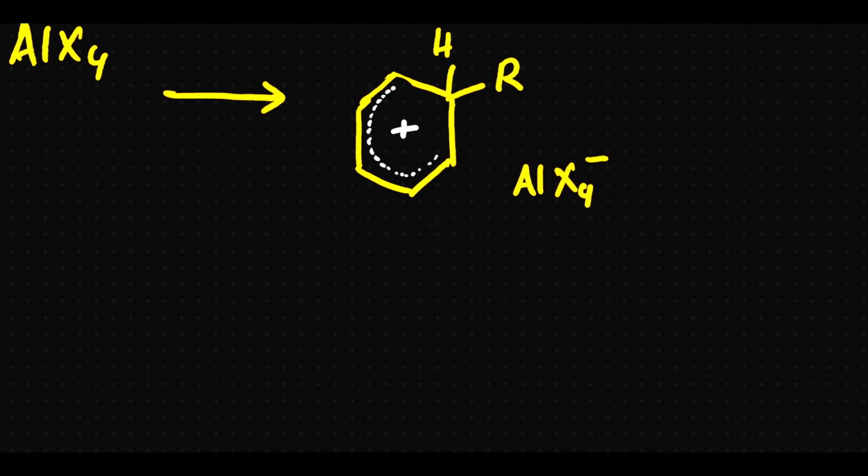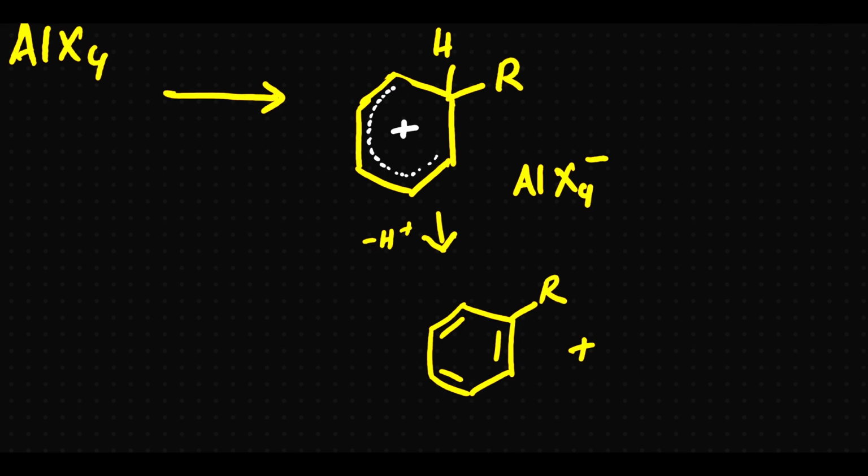In order to regain its aromaticity, it will undergo loss of a proton, minus H plus, forming an alkyl substituted aromatic compound, plus HX plus AlX4 minus.